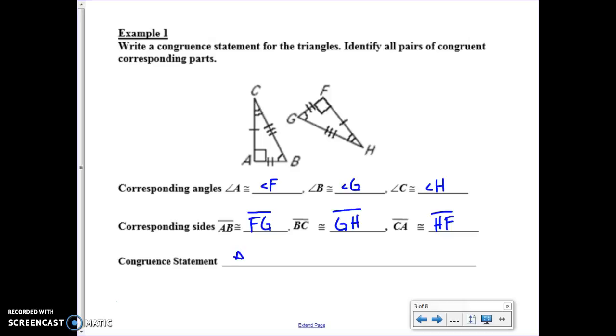So if I go in the order triangle ABC, order matters again, I'm going to say is congruent to triangle, and then A we said matches up with F, B matches up with G, and C matches up with H. You could have listed that as triangle CAB, that's the third angle, the first angle, and the second angle, and then you would have listed it as HFG to go in the same order. Just make sure the pieces match up.